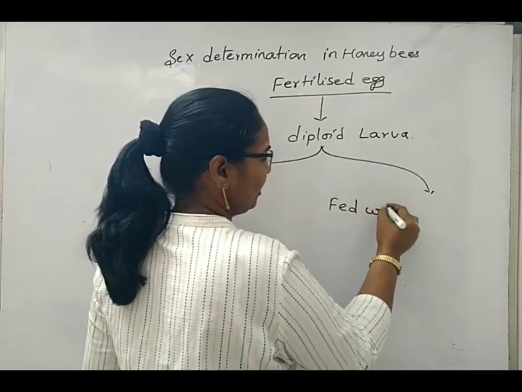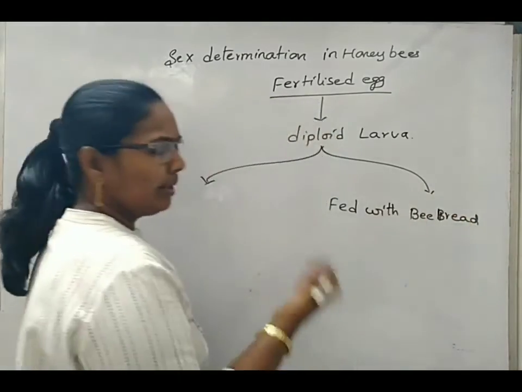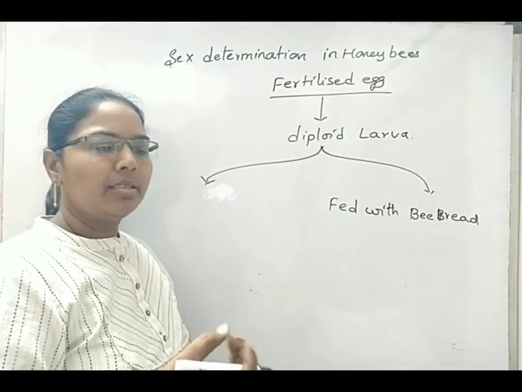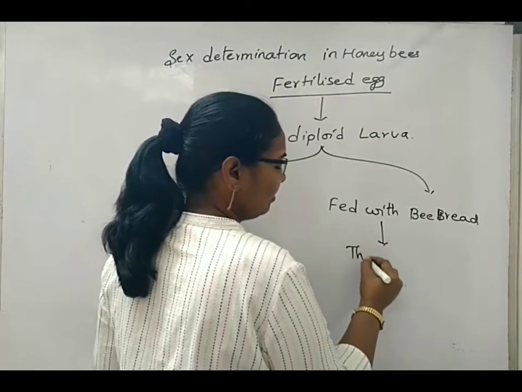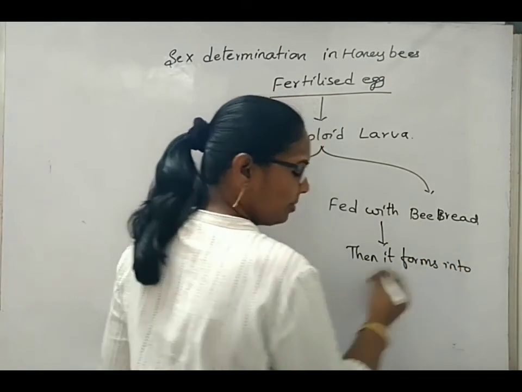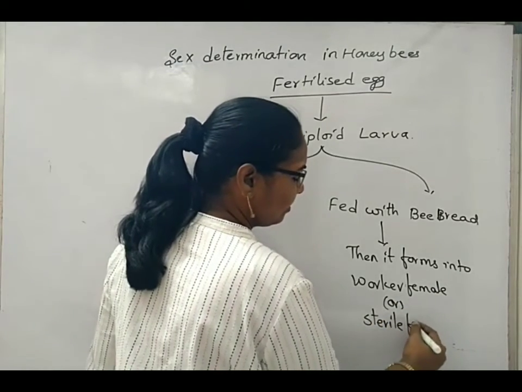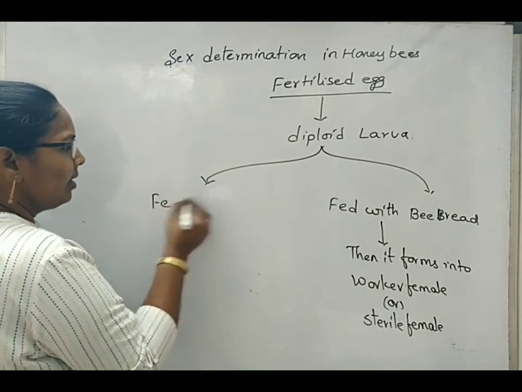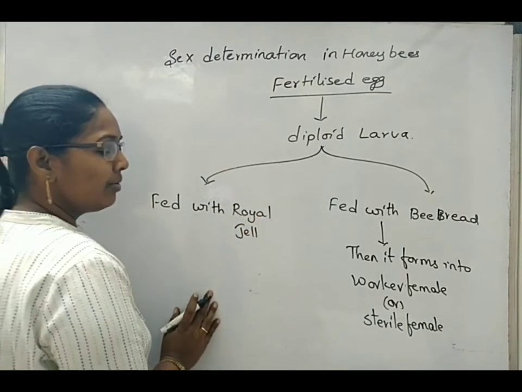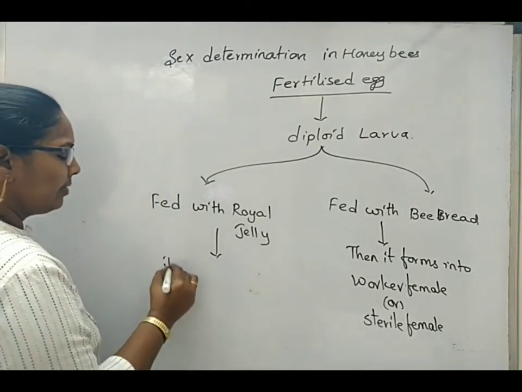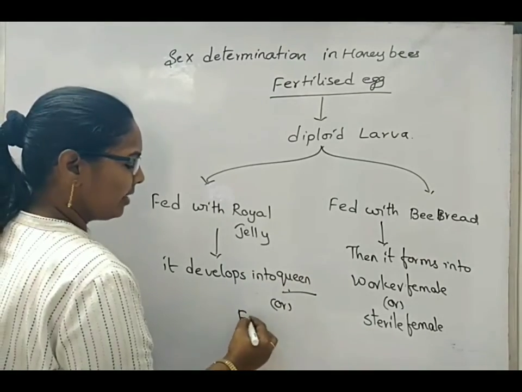If it is fed with bee bread, which contains pollen grains, a little bit of nectar, and other substances brought by the workers as food material, then it forms into a worker female or sterile female. If a larva is fed with royal jelly, which has the most content of nectar, then it develops into a queen, or you can also say a fertile female.